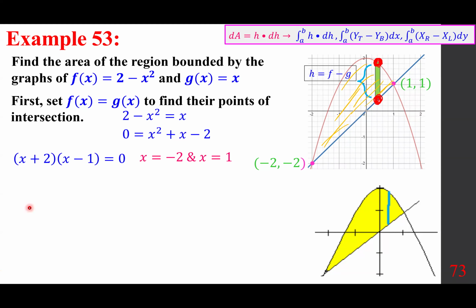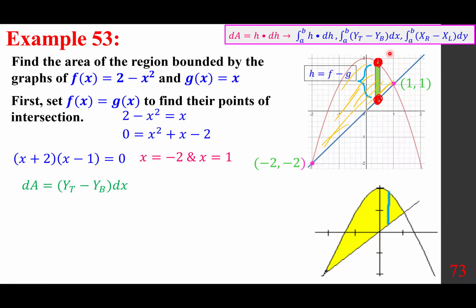At any given point, the height comes from the curve minus the line. So dA is y of the top minus y of the bottom times dx. That's an increment of an area, a typical rectangle.